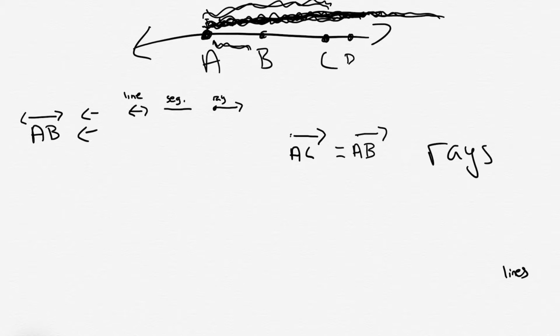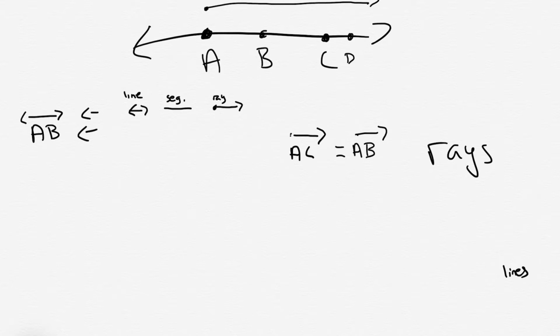Okay, so now let's talk about this ray. Again, it's a point, and it is going on to infinity. So again, we do our little cheat code thing. We already know it's going to be a ray. And the first letter we're going to put is the point, and the point is B. Now, next, we get to choose.